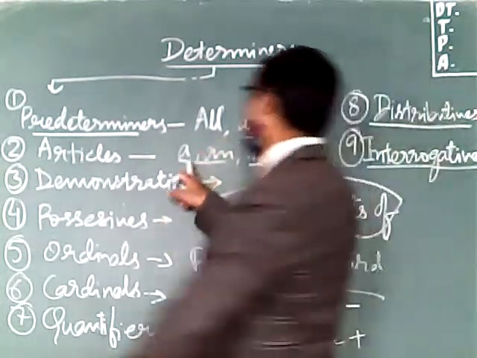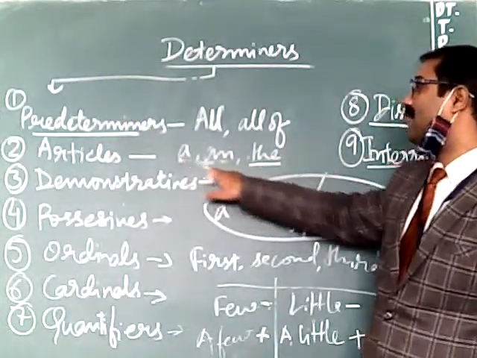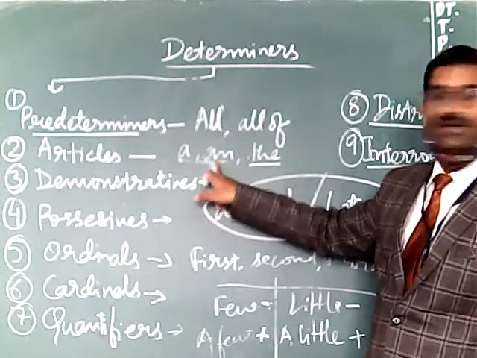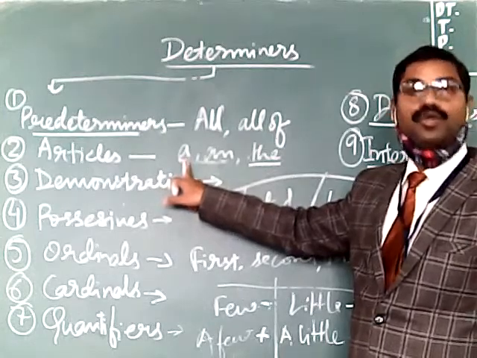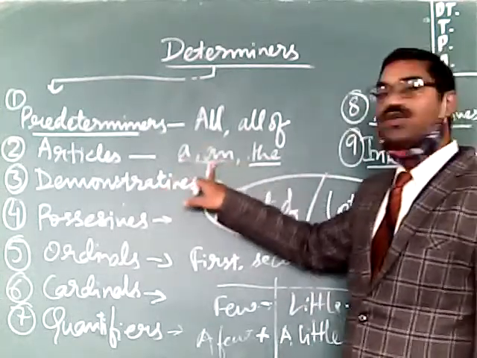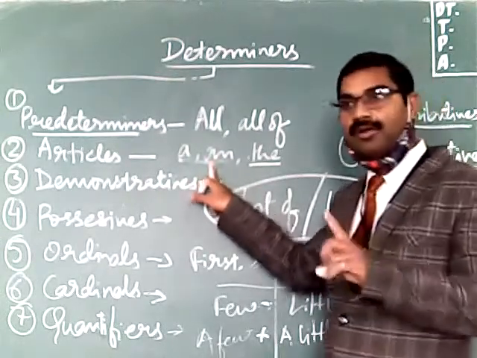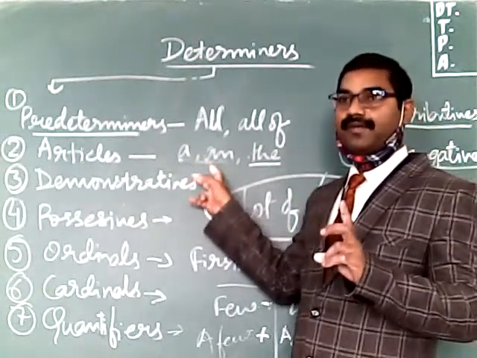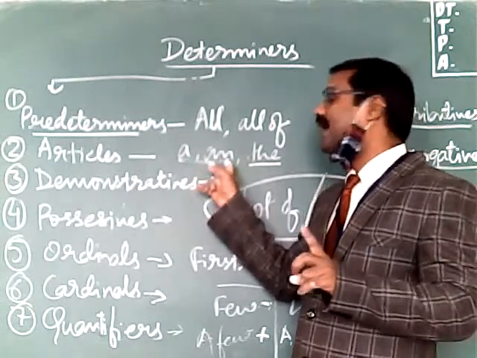Next is a, an, and the. These two are very common and known to you. "A" is used before a consonant to show a singular countable noun. "An" is used before a vowel to show a singular countable noun, but be careful: when the word starts with a vowel sound, you will have to write "an."